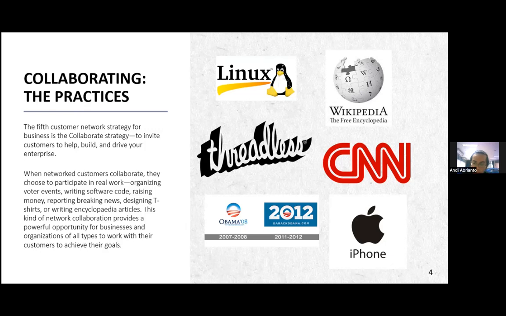The first proof that it could be used in a profit organization was from the T-shirt company Threadless. Launched in 2000, Threadless reinvented the concept of a clothing company by inviting its customers to collaborate in every stage of the enterprise, from product design to marketing and sales.